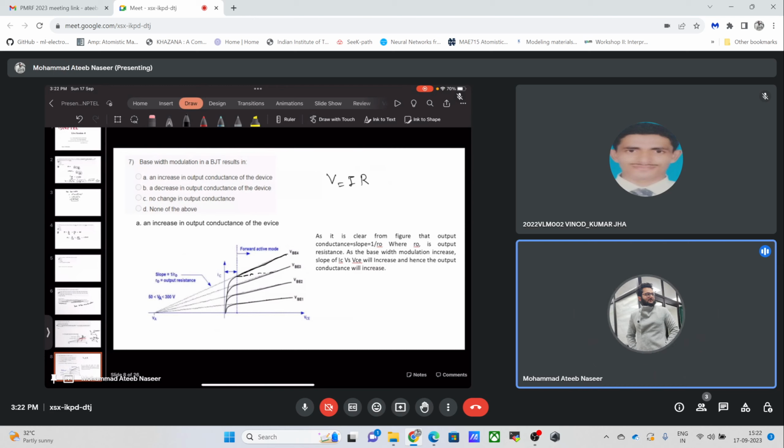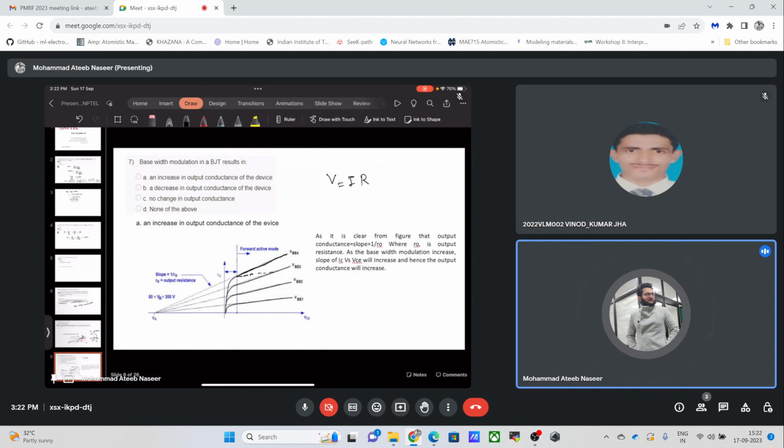Okay, so if we have some IV curve and this current curve has some slope with respect to this voltage, it simply means that this current voltage relationship has some resistance associated with it.